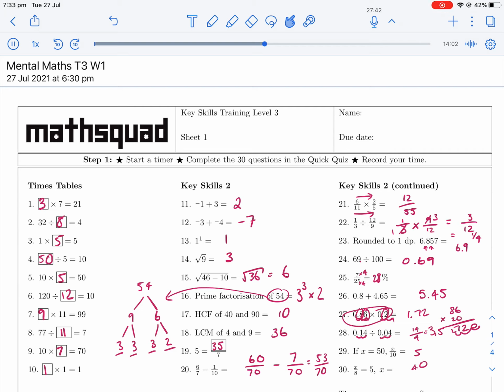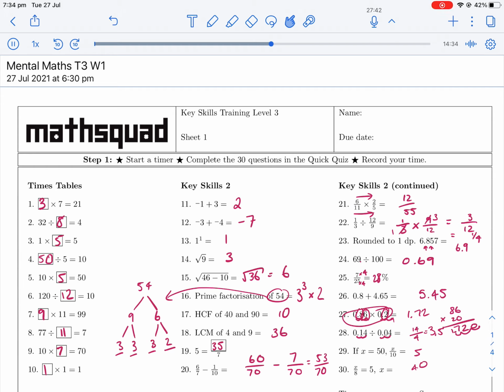Let's do it like this. 33, let's find the 6% and then we'll add it on. Okay, so I'm finding 6% of 33. 6 lots of 33. 18, 19.